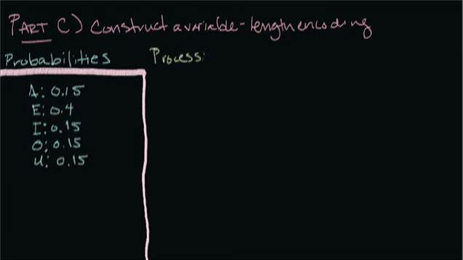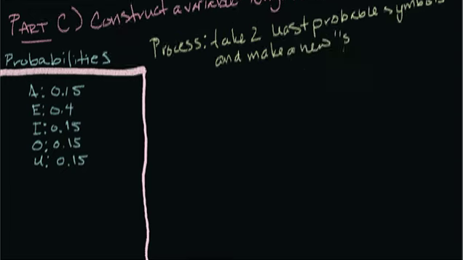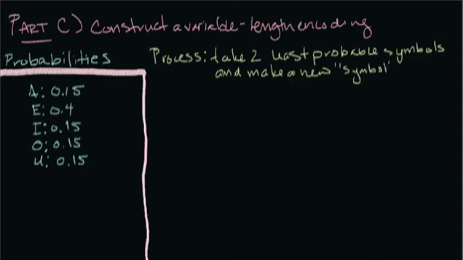The process we use to create the Huffman trees is we're going to take the 2 least probable symbols that we can get, and we're going to make a new symbol that has a probability equal to the sum of the 2 old ones.